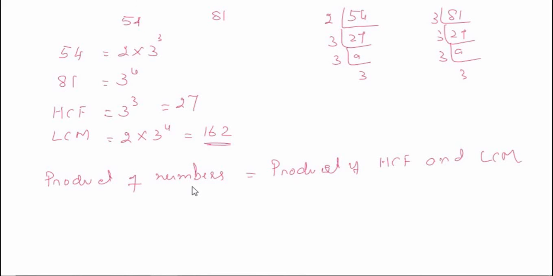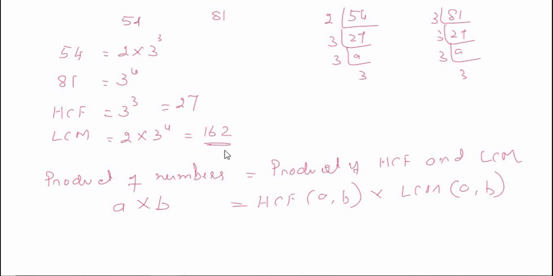Any two numbers if you multiply, that is equal to the product of HCF and LCM. Suppose you have numbers A and B. A into B is equal to HCF of A comma B into LCM of A comma B.